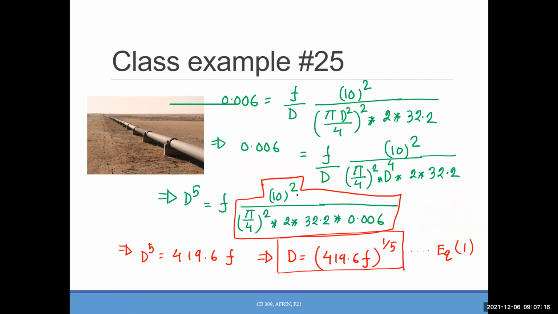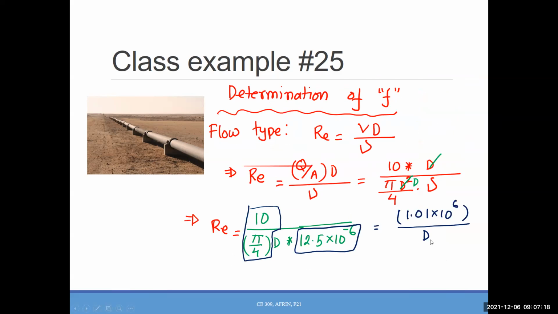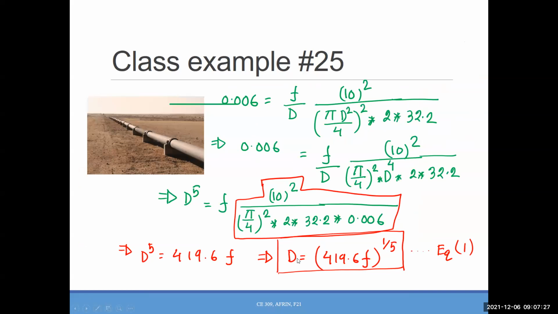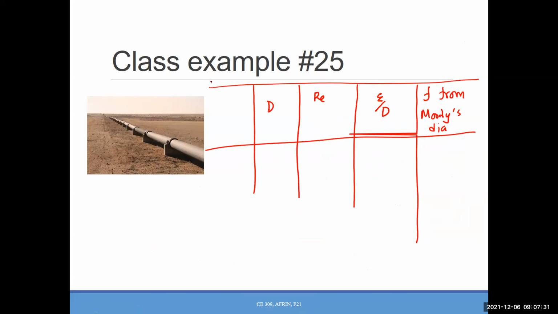For the Reynolds number, we need to know D. And for finding D, we need to know the friction factor, which will be the assumed friction factor here. Make sure you have enough space because you need to calculate the percentage of difference and everything.